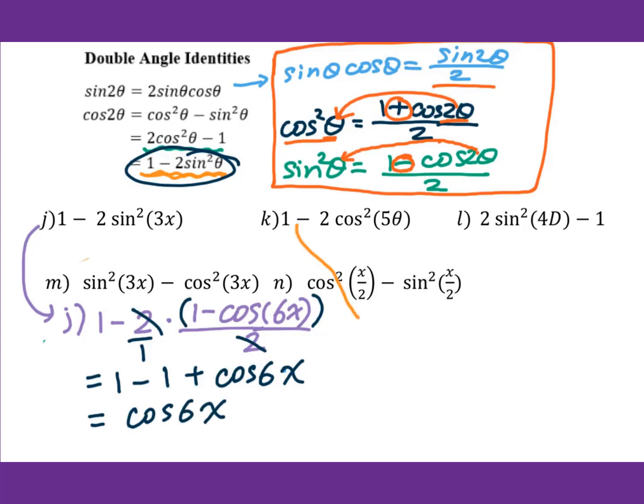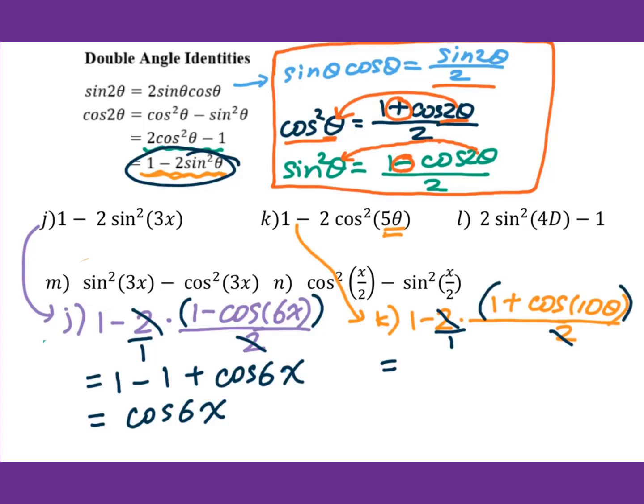For this K, 1 minus 2 times cosine square, that means 1 plus cosine double angle, that's 10 theta over 2, over 1, reduce.